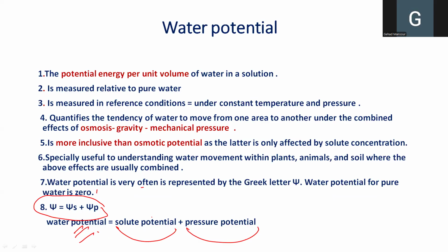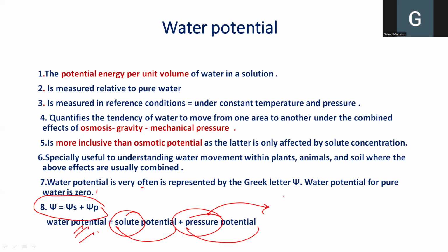Why? Because it's not only the solute potential that triggers water to pass from the hypotonic side to the hypertonic side, but also the pressure. On which side? Mainly on the hypotonic side.